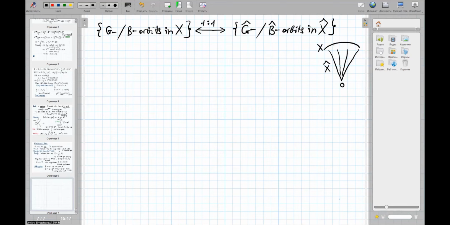And this means that if you take any orbit in X, let me choose a different color, maybe bright color to be visible. If you take any orbit in X, for G or for B, doesn't matter, then the cone over this orbit will be an orbit for G hat or B hat.